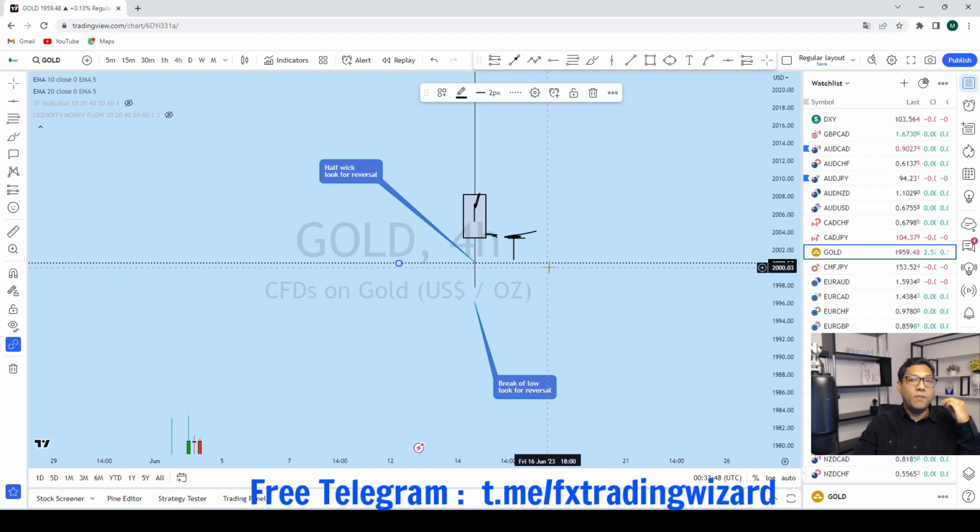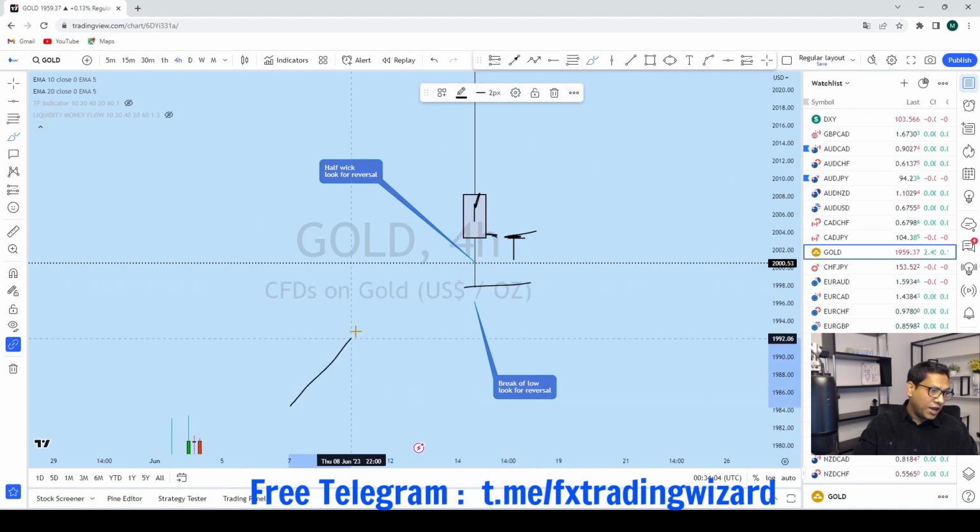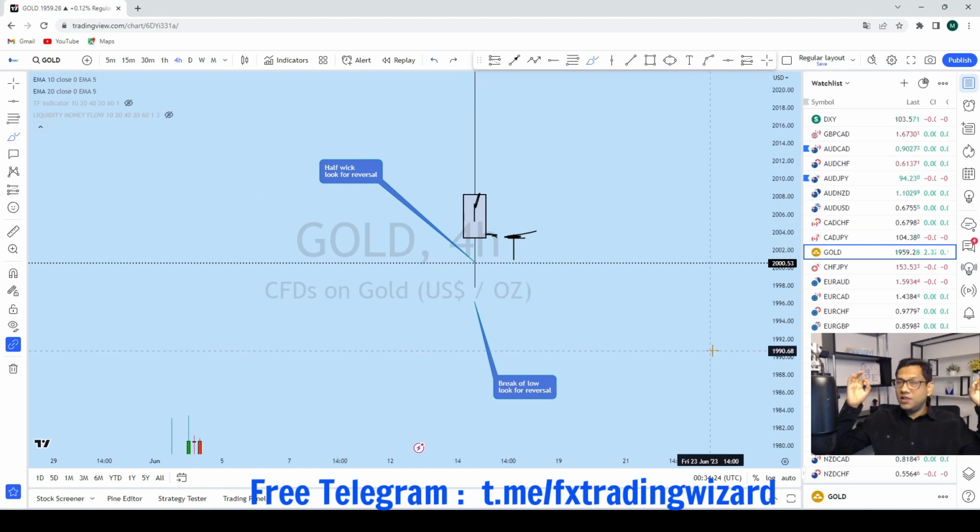Now if the market is not reacting to that level on the lower time frame, the next zone the market is highly likely to react to is if it breaks this low. Once the price in an uptrend breaks this low and creates an overextension, this is where you can find the largest and most profitable trading opportunity in the market.